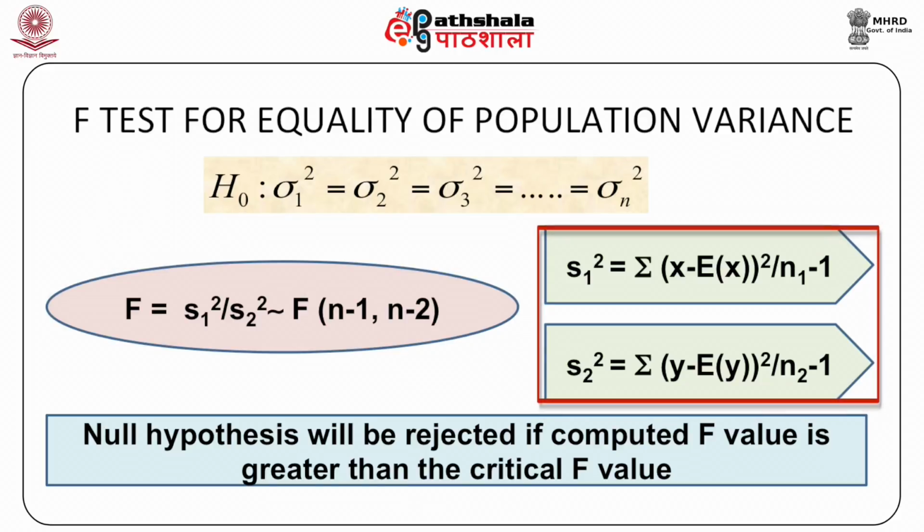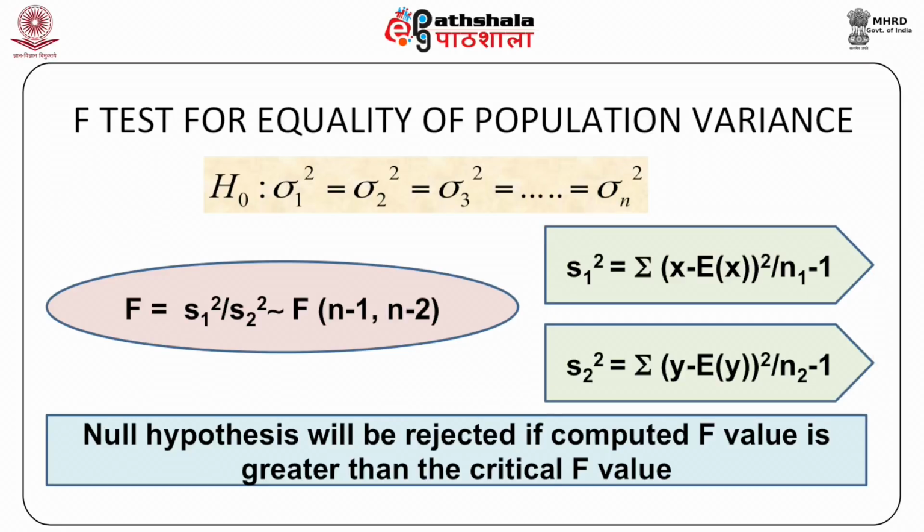S1 squared is equal to the sum of x minus the expectation of x, whole squared, upon n1 minus 1. S2 squared is equal to the sum of y minus the expectation of y, whole squared, by n2 minus 1.